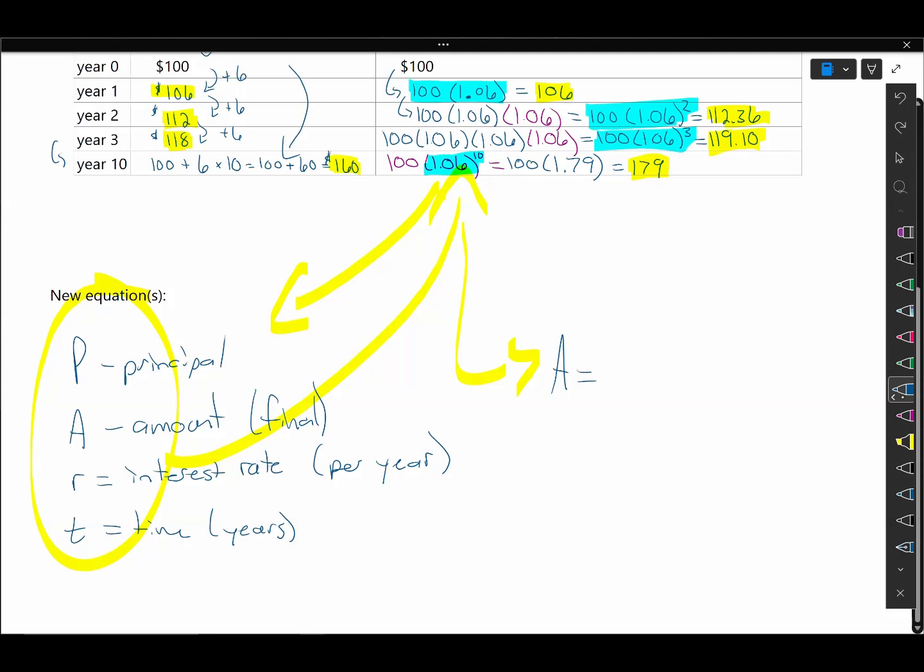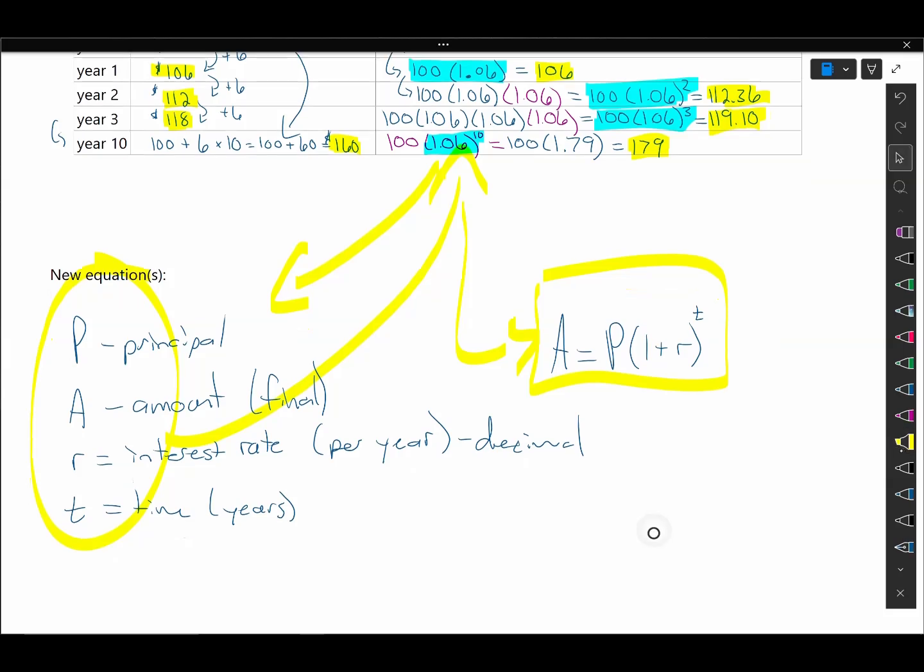And then we're multiplying this by 1 plus the interest rate. This was measured per year, in this case 6% per year, and it's given as a decimal. I want you to make sure you're comfortable with that. And then at the very end, we put this to the power of the number of years that we're investing, to the power of T. This is our brand new equation. This is an equation that you will use as you're working through problems like this.